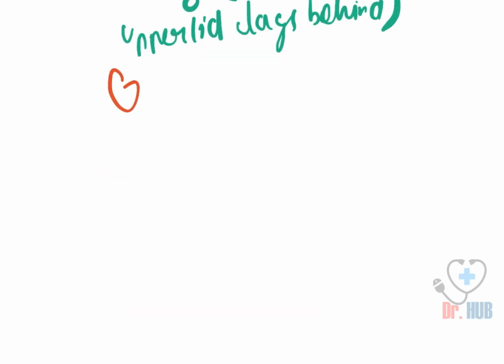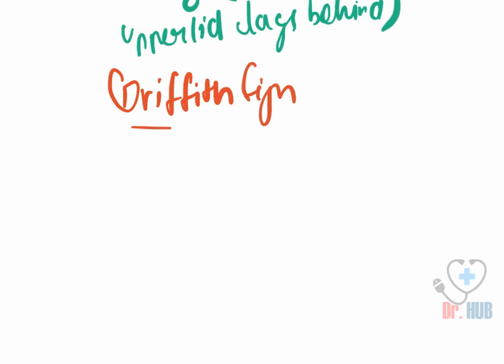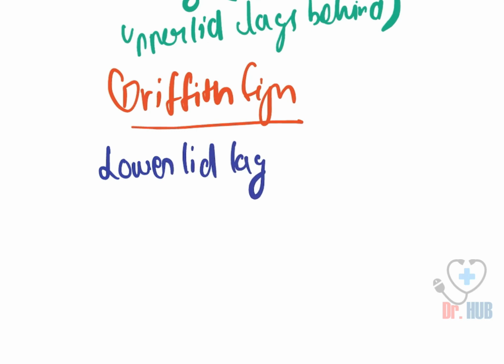Then we look at the Griffith sign. So what is the Griffith sign? It is nothing but a lower lid lag on the upward gaze.